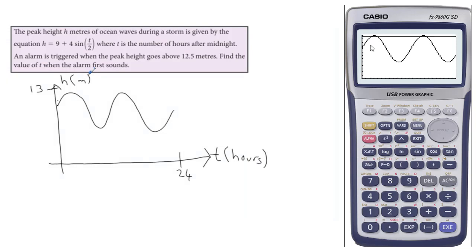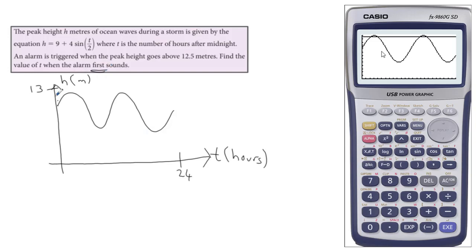Okay, so you can see here we go above, and then we go below again, and then we go above and below again. The question says the alarm's triggered when it goes above 12.5. Find the value of t when the alarm first sounds. So I want to know when is the first time that happens.